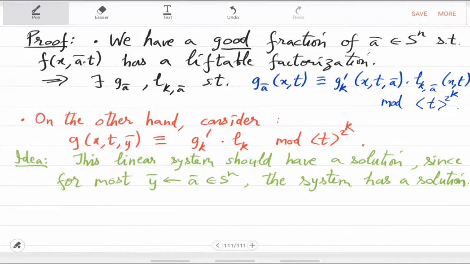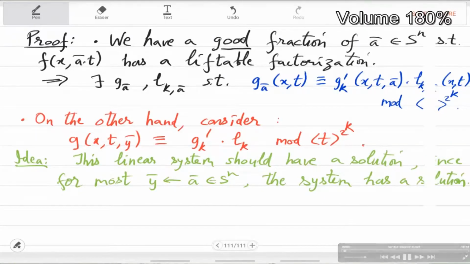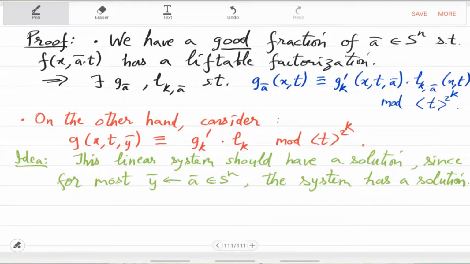So now all that remains is to formally prove this. For that we will basically convert this linear system into a matrix, and the proof will boil down to that. So let us now implement this idea. This linear system, how many unknowns are there?